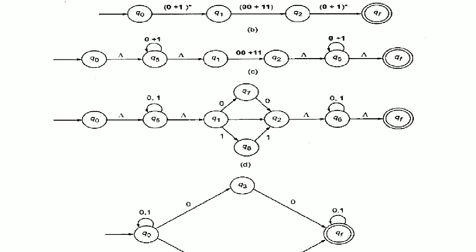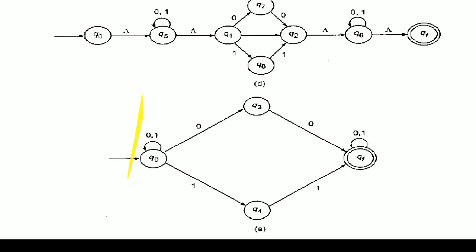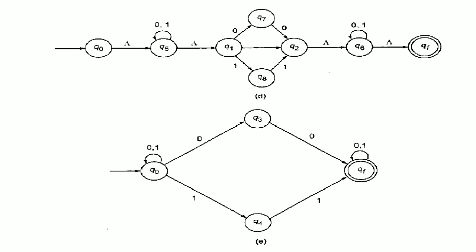From the diagram now we can minimize the automata because we have null strings. So Q0 to Q5 we have a null string, so we can directly give 0,1 as a loop to Q0. Then Q5 to Q1 again we have a null string, so Q0 to Q3 is the transition with 0 as input.